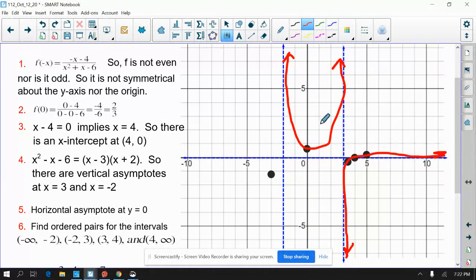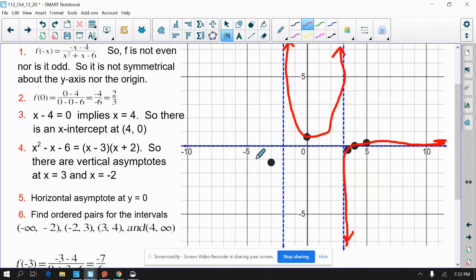So I just draw something, making sure it's going through this ordered pair right here. And then finally, my third section over here, knowing that it's going to approach this horizontal asymptote, it's going to approach this vertical asymptote, and it also has to go through this. Now, remember, horizontal asymptotes can be crossed, but I know in advance that it's not going to do something like this, even though this is a function and it is approaching this horizontal asymptote.